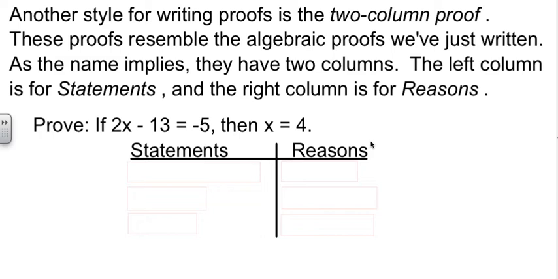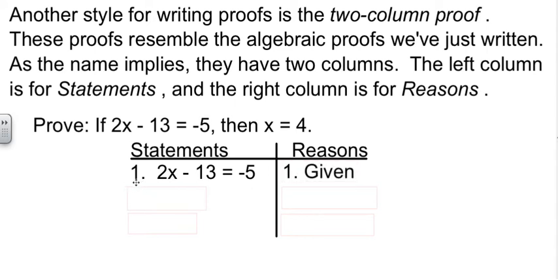So let's work through one that is in two-column form so you can see what that's like. If 2x minus 13 is equal to negative 5, then x equals 4. Well, where do we start? The hypothesis. So 2x minus 13 is equal to negative 5, and that reason is given.